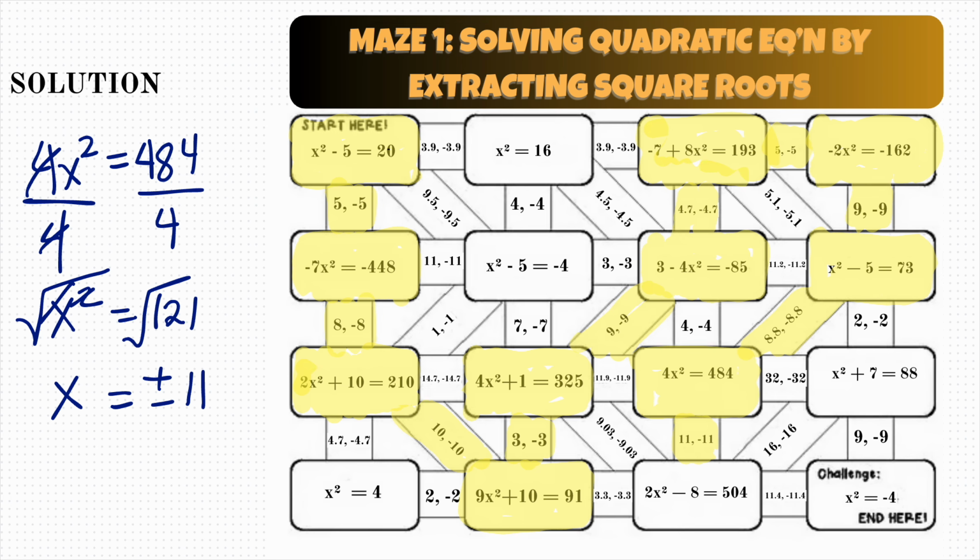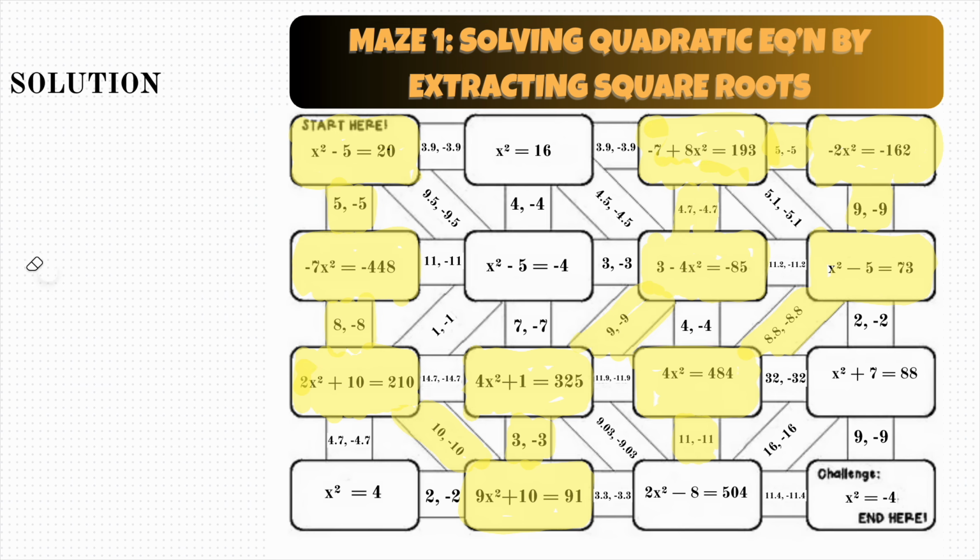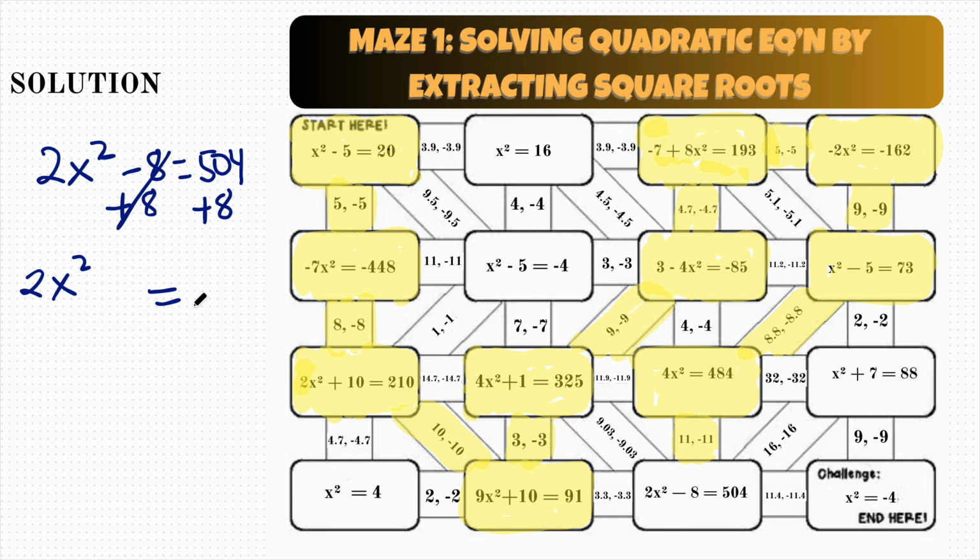Okay, we have the next problem, which is 2x squared minus 8 equals 504. Adding 8 to both sides, to isolate 2x squared, this one will cancel. So 504 plus 8 is going to be 512.